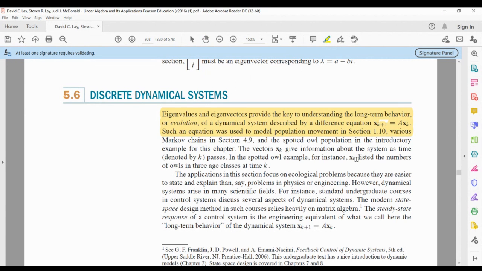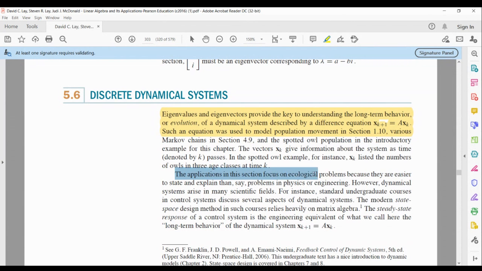Eigenvalues and eigenvectors provide the key to understanding the long-term behavior, or evolution, of a dynamical system described by this difference equation: x of k plus 1 equals A times x of k. Such an equation is used to model population movement, and we're going to focus a lot on species here, animals. Will the animals survive? Will they die out over time?